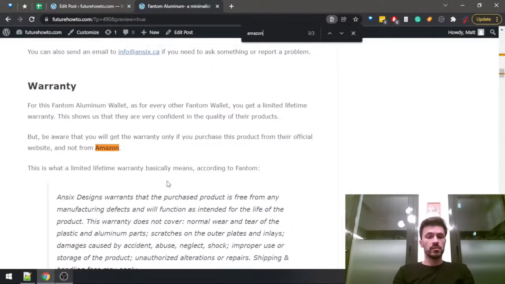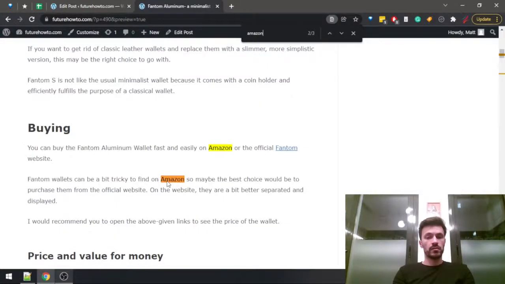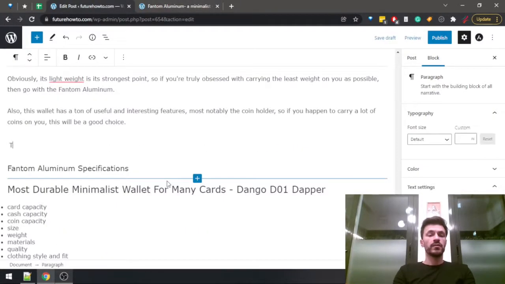Amazon, yeah, the Phantom aluminum is available on both the official Phantom Store and Amazon.